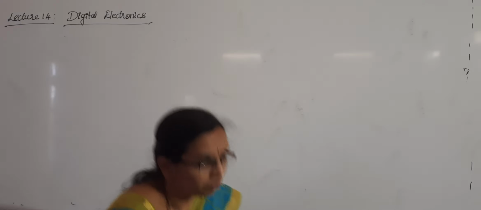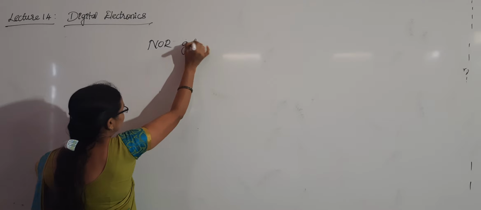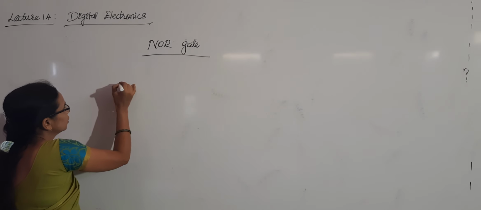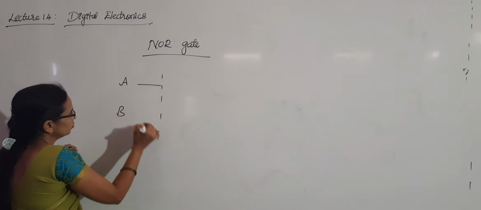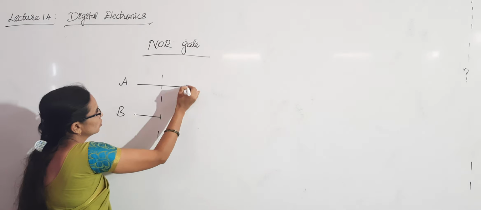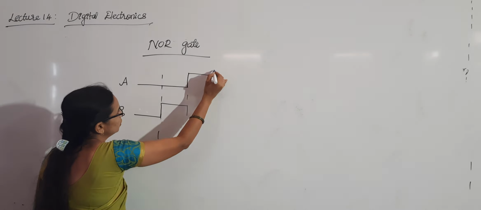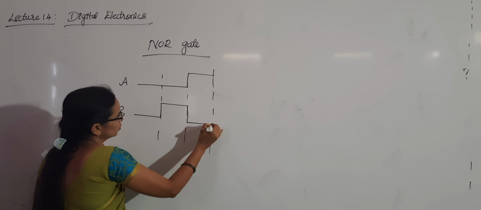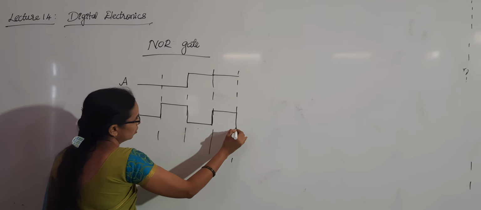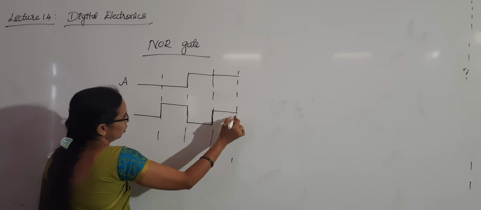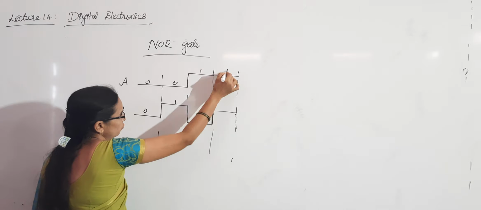Okay. I forgot to draw the NOR gate timing diagram. We will draw it. Timing diagram of the NOR gate. Inputs 0 0, 0 1, 1 0, 1 1.